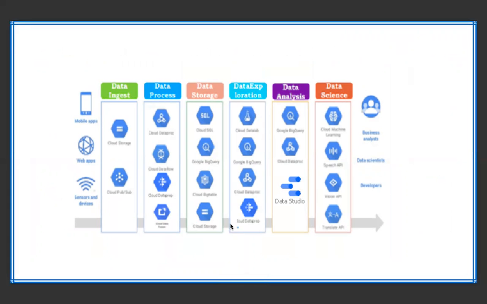For this, you can use Google Cloud Storage for the batch data and Cloud PubSub for your streaming data. Once your data has been brought into Cloud Storage or Cloud PubSub, then there are various data processing tools like Dataproc, Dataflow, Dataprep, and Cloud Data Fusion.